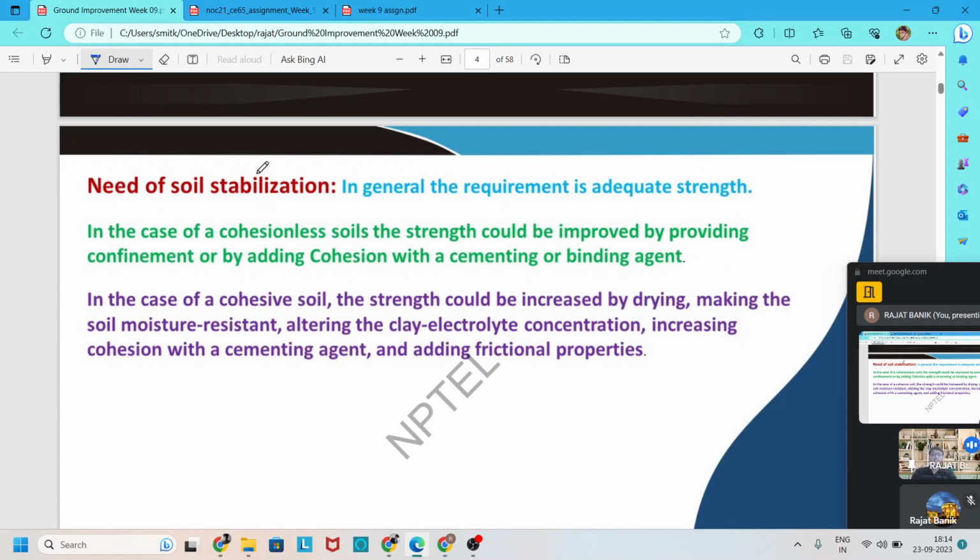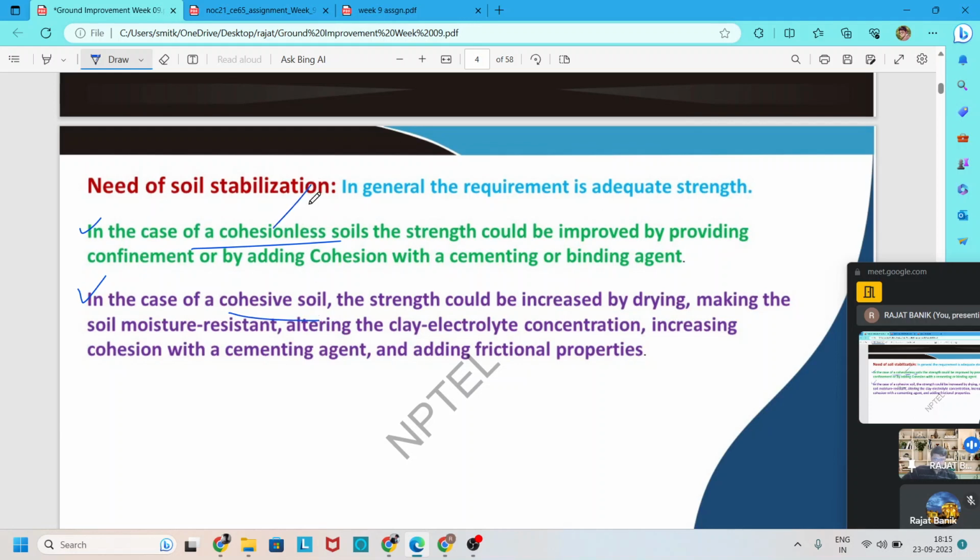And in the case of cohesive soil, the strength could be increased by drying, making the soil moisture resistant, altering the clay electrolyte concentration, increasing the cohesion with a cementing agent, and adding frictional properties. If you know, in soil mechanics we study cohesionless soil and also cohesive soil.